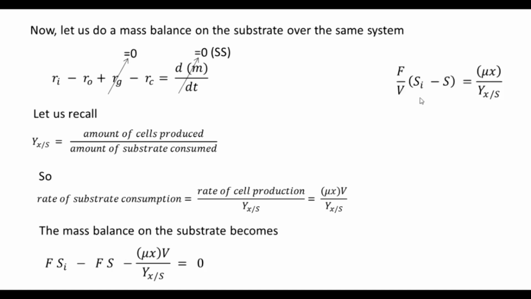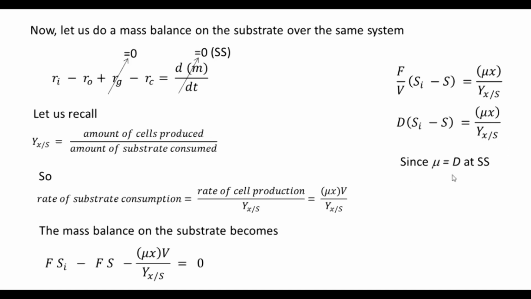So if we consolidate the terms appropriately, we have F into S i minus S equals mu x V by Y x/s. Then we divide both sides by V, we get F by V, S i minus S equals mu x by Y x/s. So F by V is nothing but D, and D into S i minus S is mu x by Y x/s.